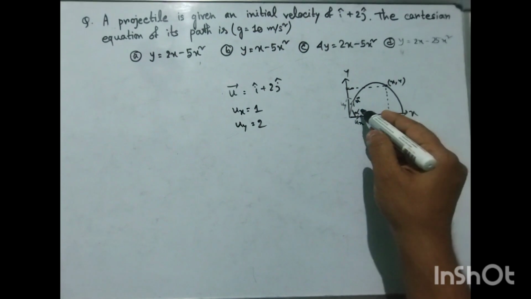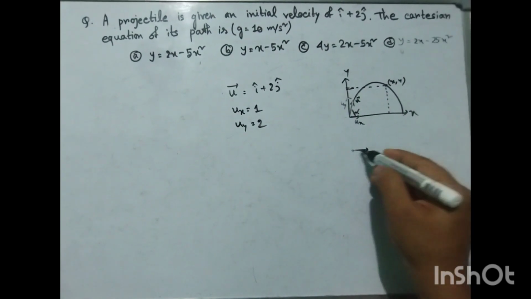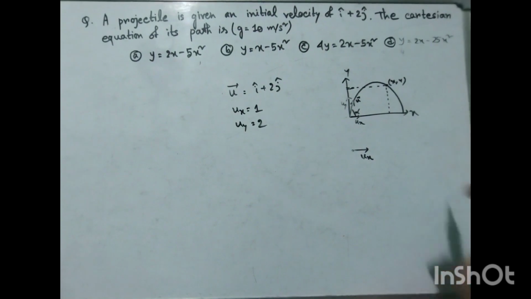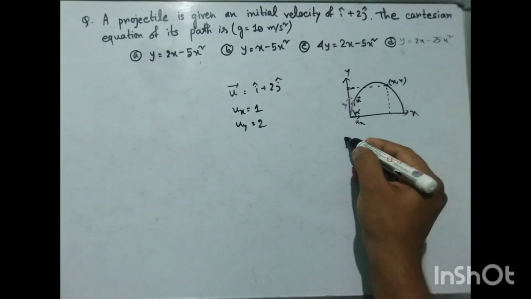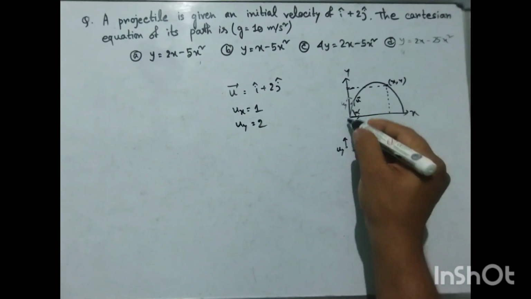That is, the particle is moving horizontally with ux uniform velocity, because along the x-axis there is no force, and along the y-axis the particle is moving with initial speed uy, and this is pure vertical motion.